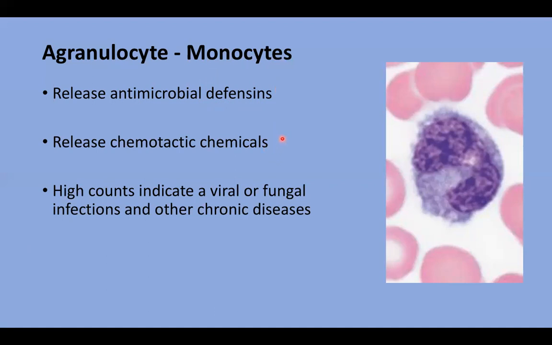And I talked about chemotaxis. Chemotaxis is a kind of chemical signal that is going to cause other white blood cells to come to that particular area. So they send out this kind of homing signal in the form of a chemical. And these homing signals, these chemotactic chemicals, are going to attract more white blood cells to a general region.